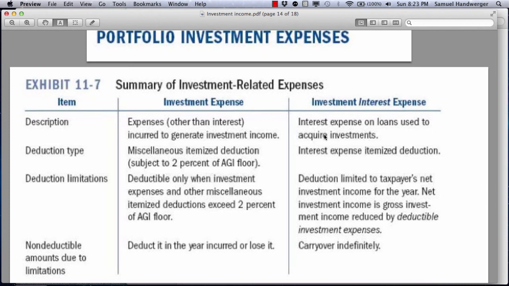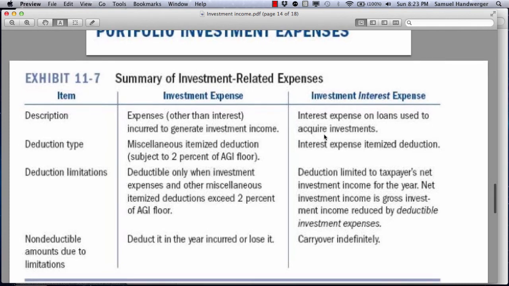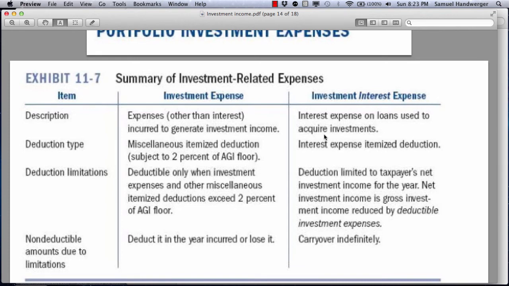They will be subject to the 2% miscellaneous itemized deduction rules. As you see on the chart, in the block that marks investment expense, referring to miscellaneous itemized deductions subject to the 2% floor of adjusted gross income, you will note at the bottom that if you do not deduct it in the year that you have the expense, you will lose it.